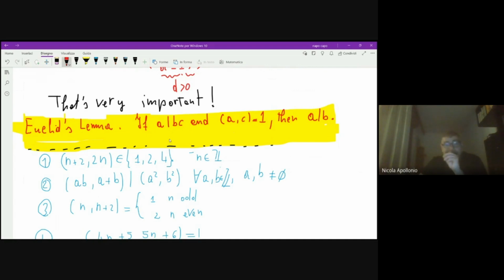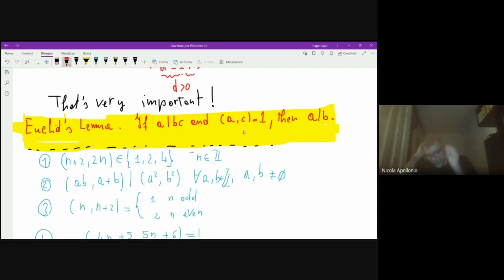It says that if A divides the product of B and C, and A and C are coprime, the greatest common divisor is 1, then A must divide B.